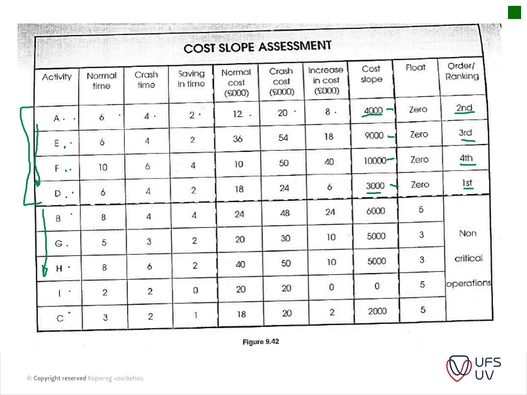Okay, so these items do not apply because they're not on the critical path. Okay, so once you've done that and you've calculated the ranking accordingly, and then you also calculated the amount of time you save for each item, then you go to the next step.